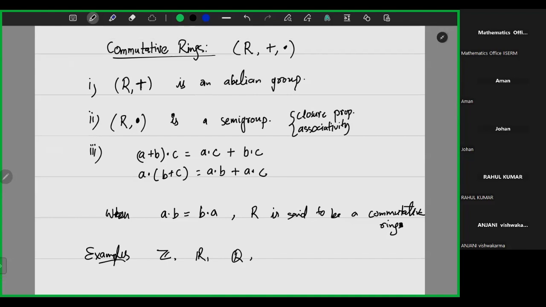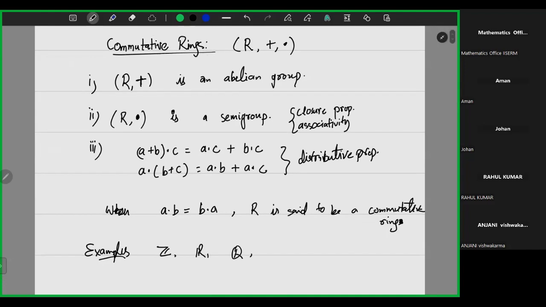These two properties in R dot. And then the distributive property. Then we say R plus together with this dot is a commutative ring if it satisfies the extra property that a dot b is equal to b dot a.